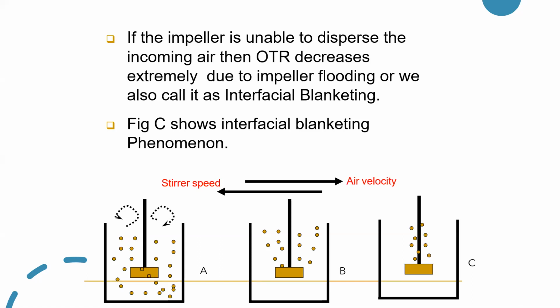Interfacial blanketing is defined as a phenomenon whereby the air supply rate or air velocity is higher, but the speed of the stirrer is very low, due to which the gas bubbles are not getting distributed in the reactor and are causing a choking at the surface of the impeller, due to which OTR is again going to decrease.